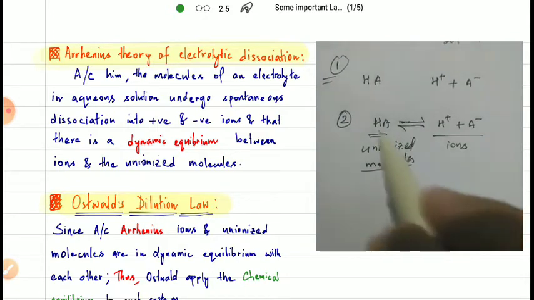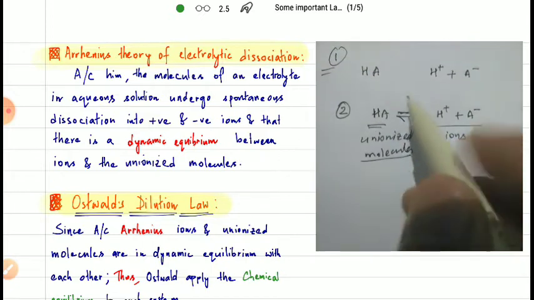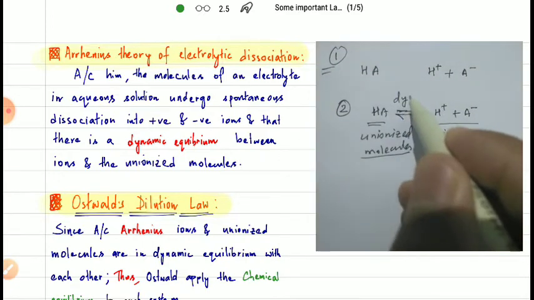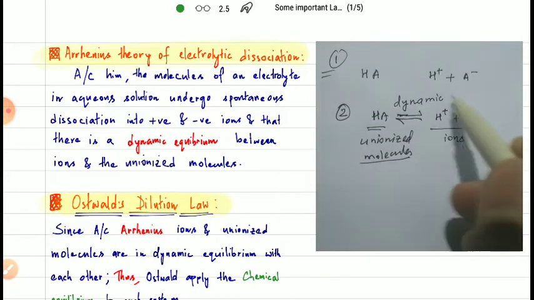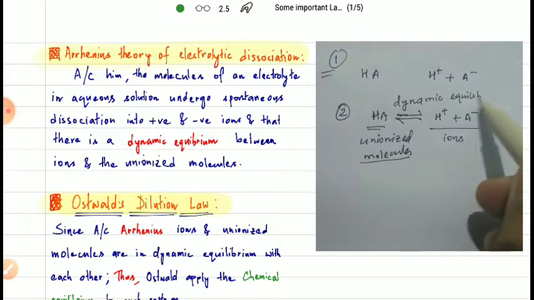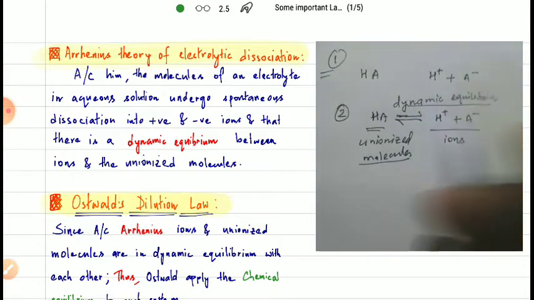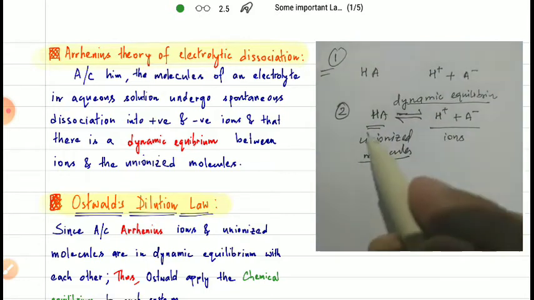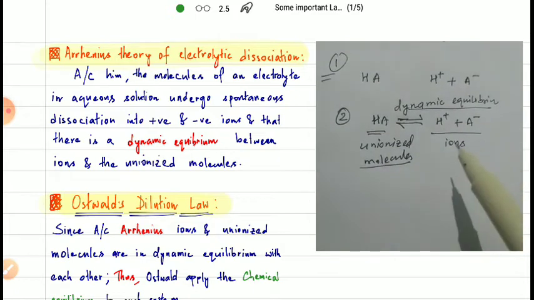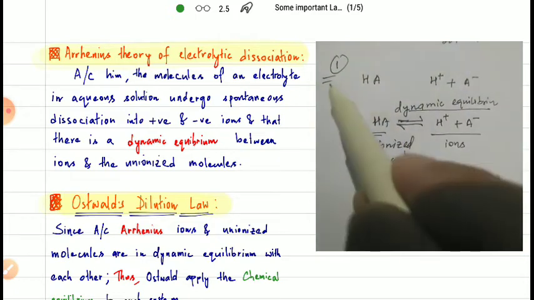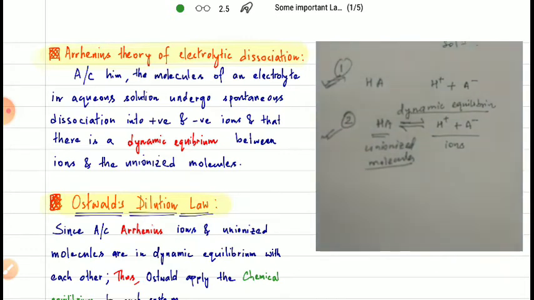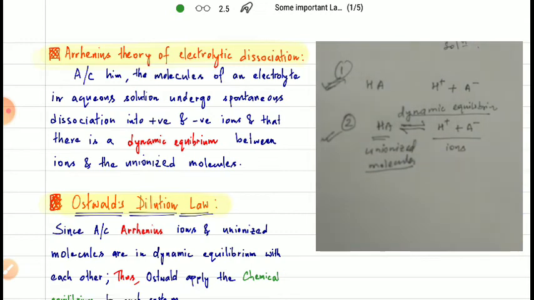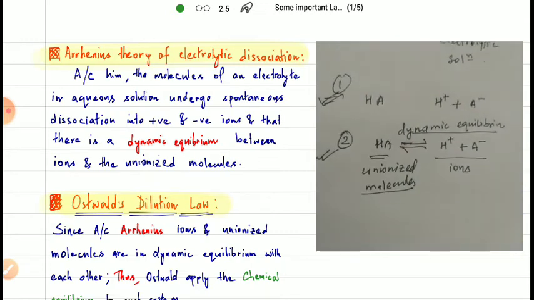These are the 2 points which form the Arrhenius theory. Please remember these 2 points.